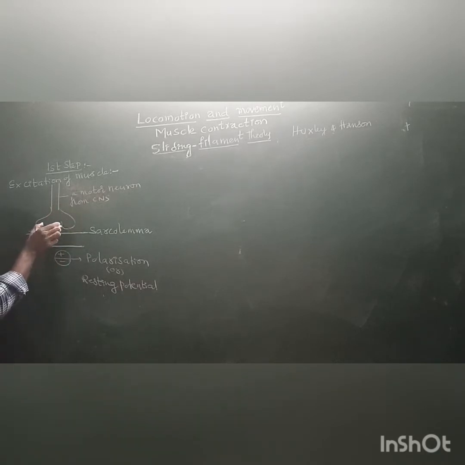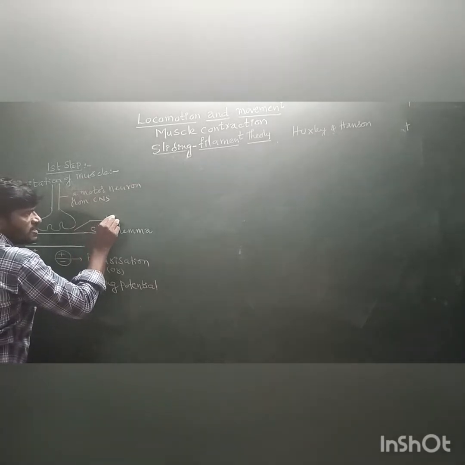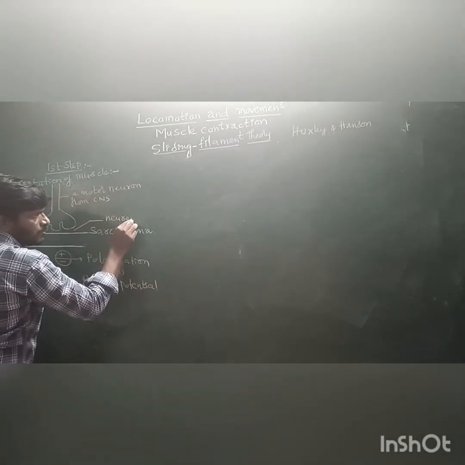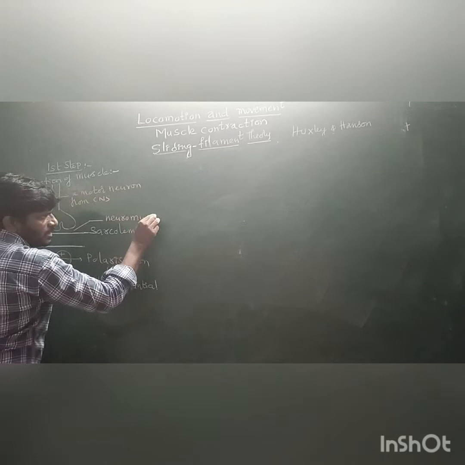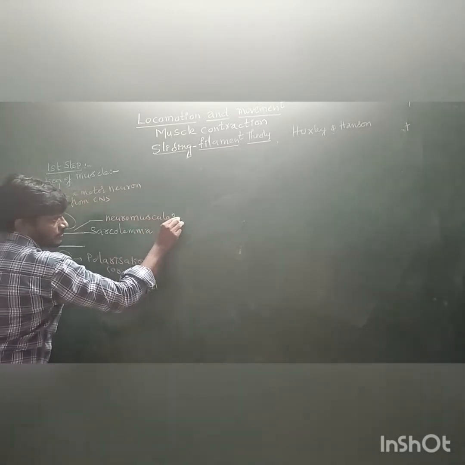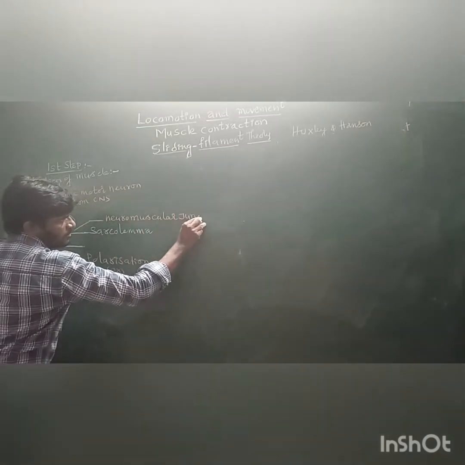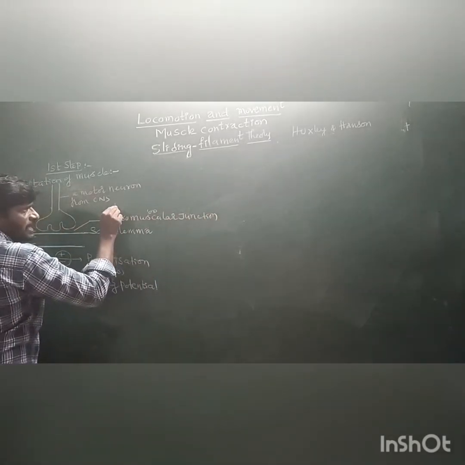This is the nerve ending, the synaptic boutons, and the sarcolemma. The neuromuscular junction is also called the motor end plate.